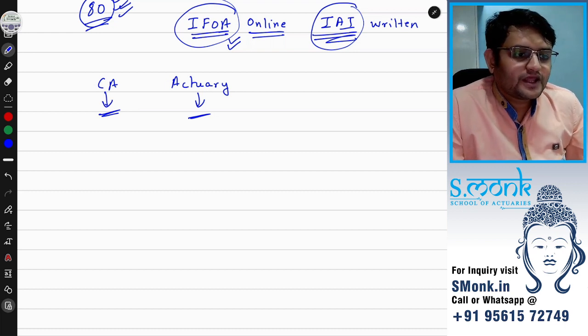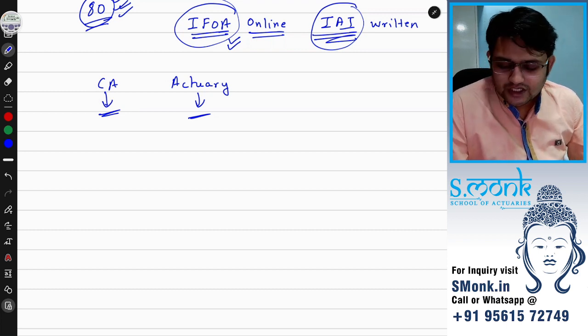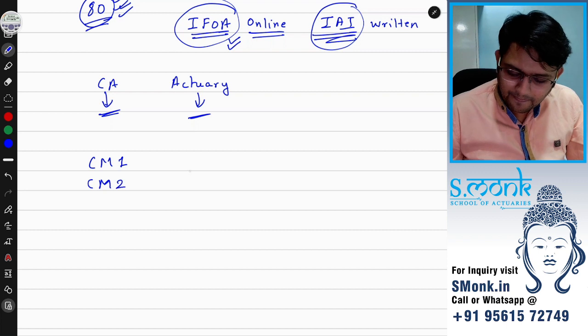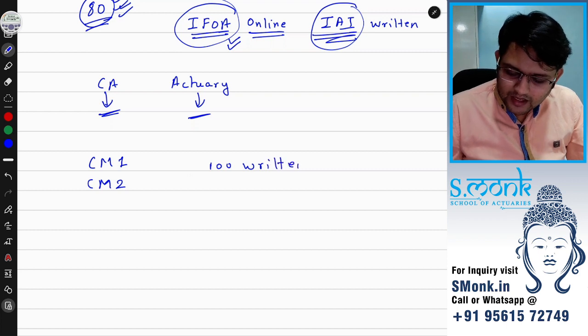Now CS1 and CM1 exam conducted by IAI is written examination or computer based. So see, for CM1 and CM2, you have two examinations. So one would be 100 marks written and 100 marks Excel.